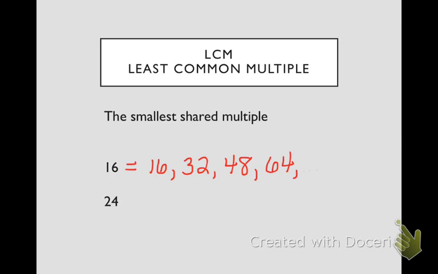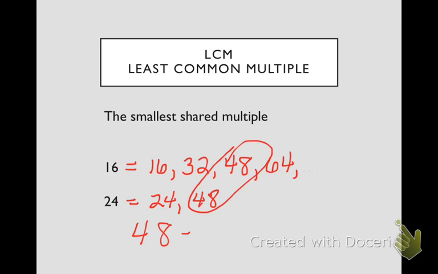And I may have to keep going till I find a common one, but I'm going to switch to 24. 24 times 1 is 24. 24 times 2 is 48. I've got it. I can stop here. It's the first time they have a value in common. 48 is the LCM.